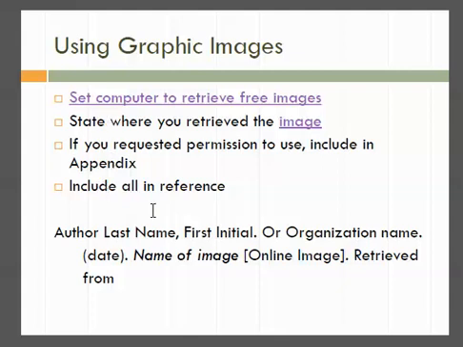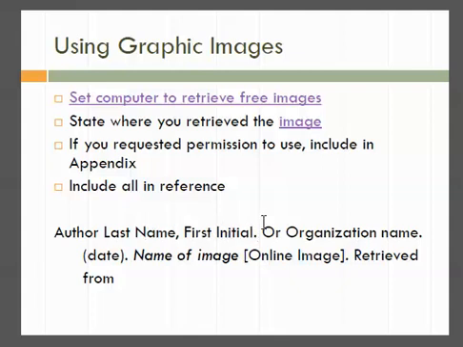And then what you do is you have to include all that information into a reference page. And this is how you do that. If there is an author, you do the author's last name and the first initial, dot.